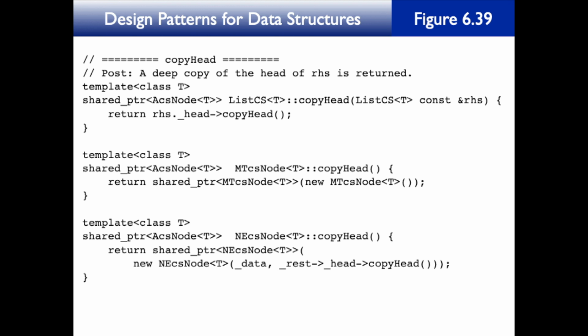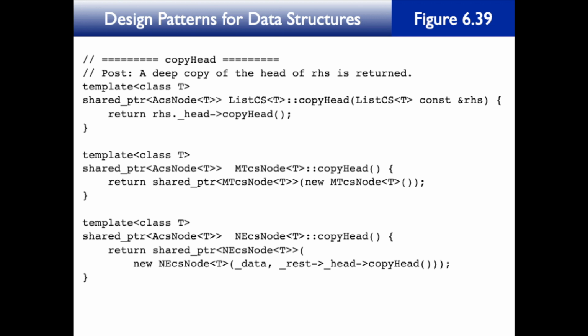And we see what happens is if a calling program wants a copy of its head, a copy of the right-hand side, then the list version does not know whether it's empty or not, so it does not know what to return. So it simply calls the node version. Now, which node version gets called, the empty one or the non-empty one?